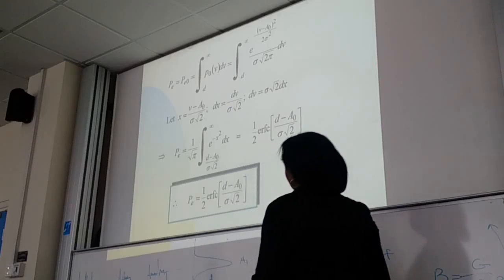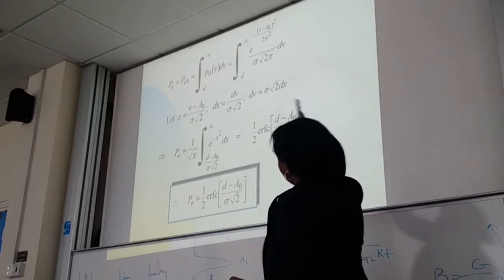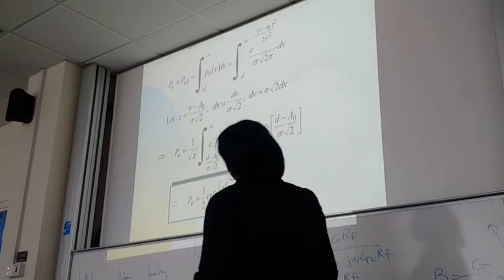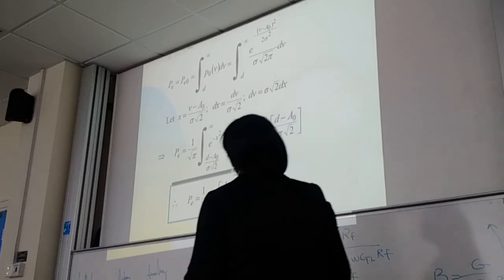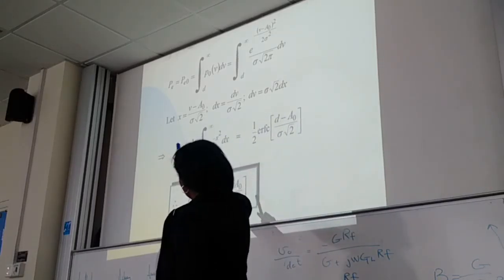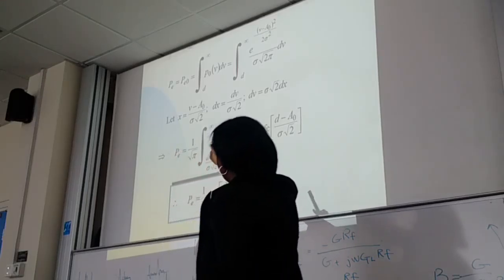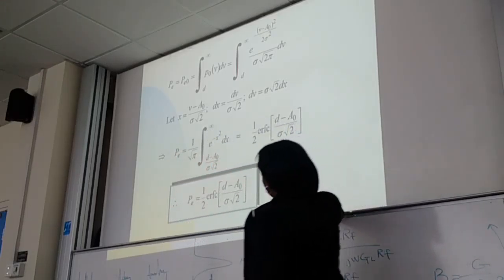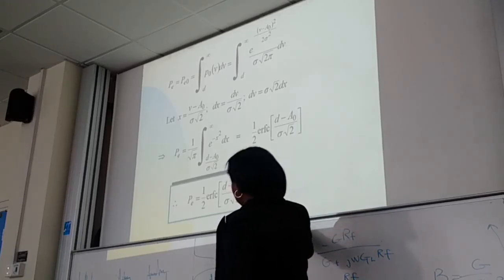And now we try to do the integration. We put the distribution. And to simplify things, we make (V minus A0) over sigma root 2 equal to x, which will make dx equal to dv over sigma root 2.